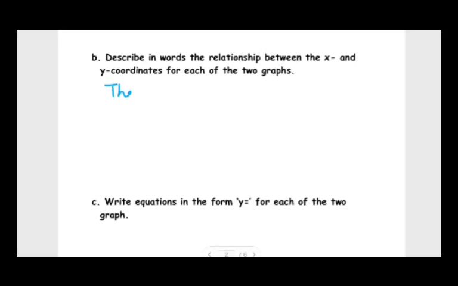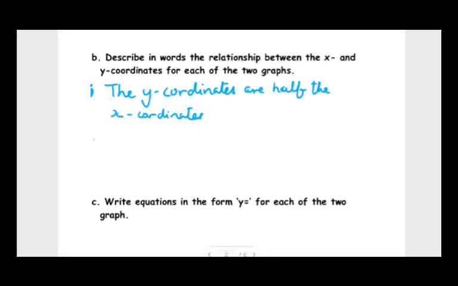The y coordinates are half the x coordinates, and that is for your first graph, correct? What's the relation in my second graph?